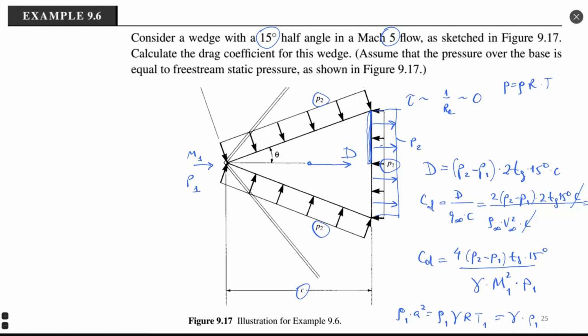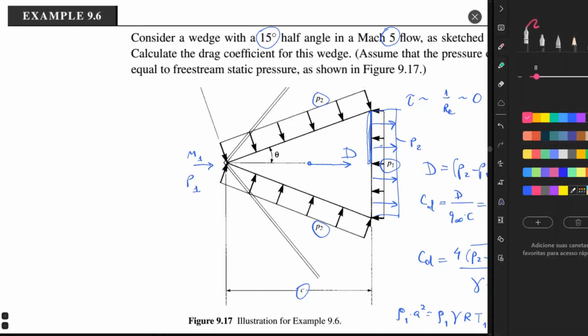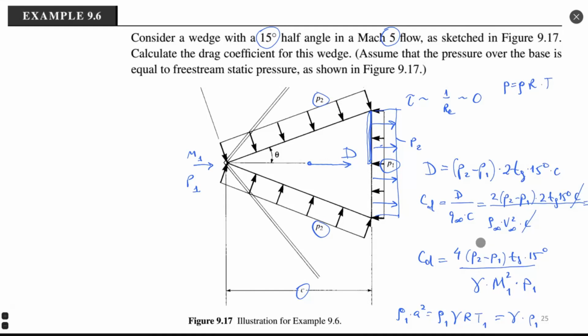So we have pressure in the numerator, we have pressure in the denominator. Let me change color to be more clear. In the upper part of our equation we have the dimension of pressure, and in the lower part also the dimension of pressure. It will be cancelled.